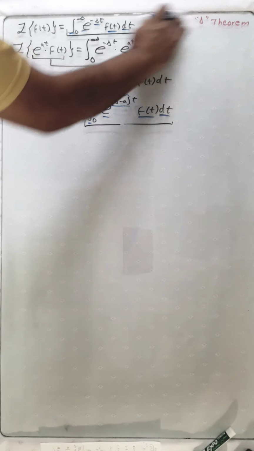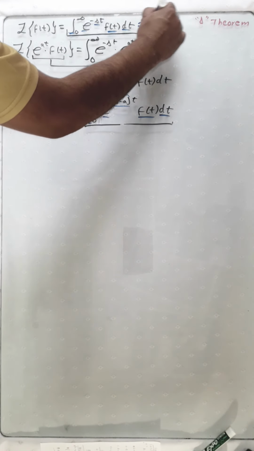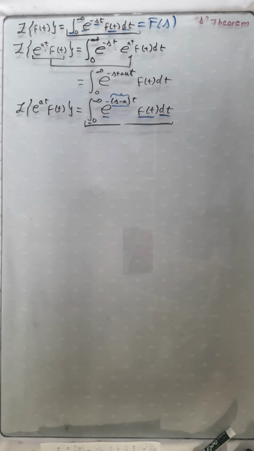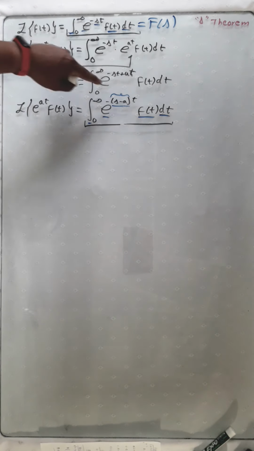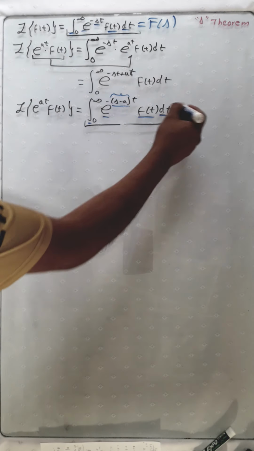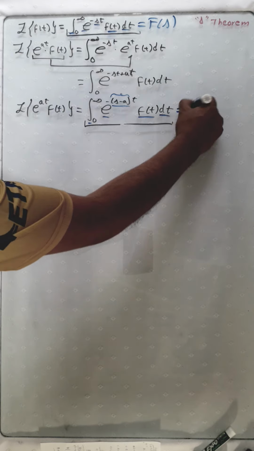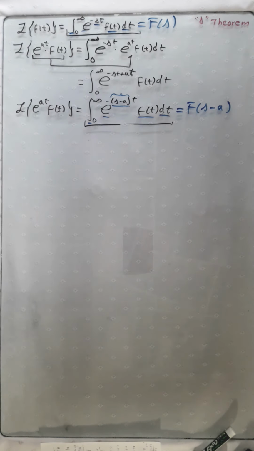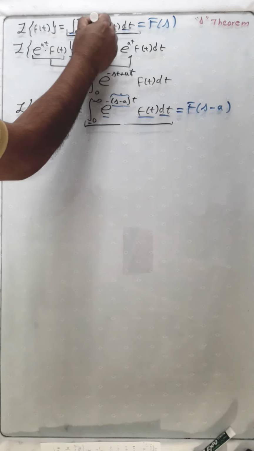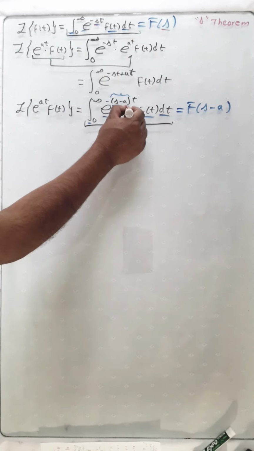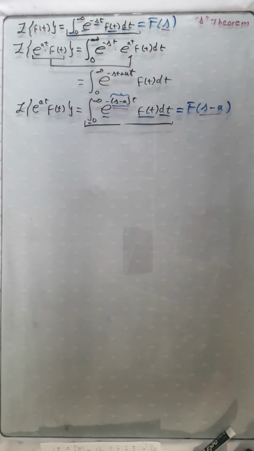The result of this is capital F of s. So if the only difference is that here is s minus a, then the result of this integral is just F of s minus a, because that is the only difference. Again, here is s, so here is F of s, and here is s minus a, so here is F of s minus a.